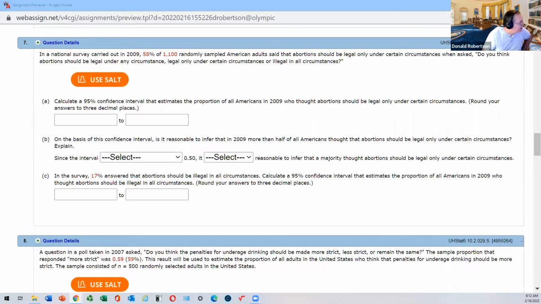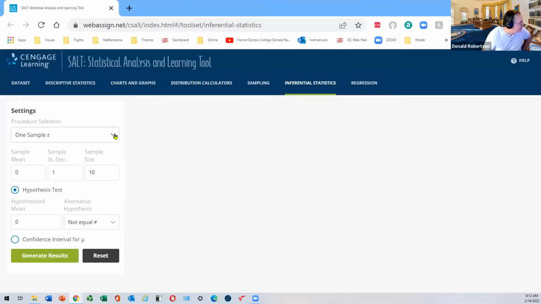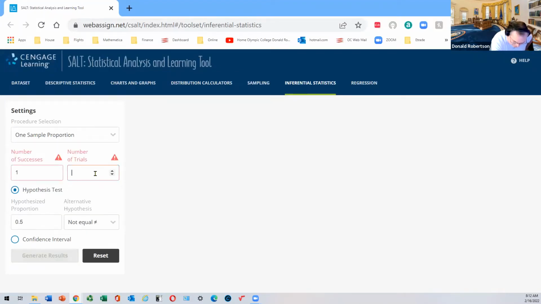So we have 58%. That's going to be a problem. I know that this number is 1,100. That's the sample size. But I want to get the number of successes. So to get the number of successes, I need to know what number of people 58% of the sample was.